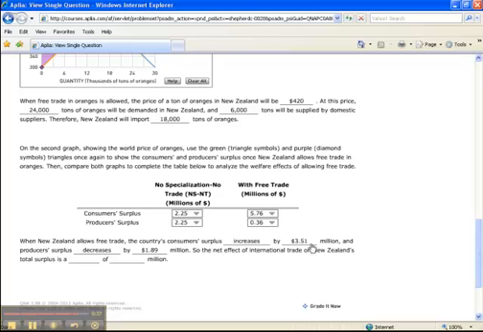But we went from 3.51 to 1.89, so we actually had a gain of the difference, which is $1.62 million.